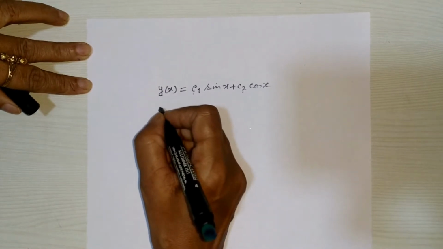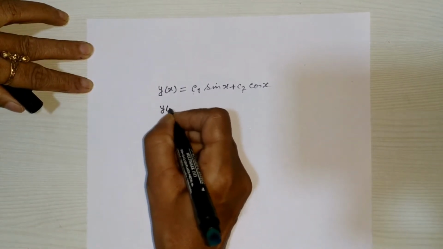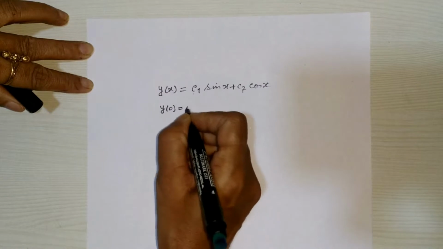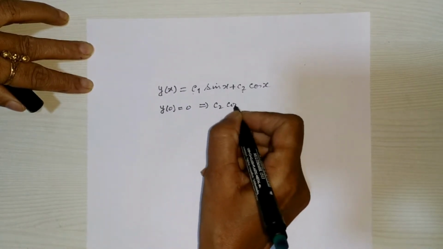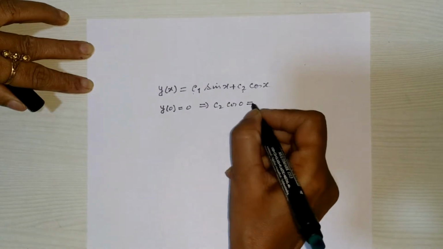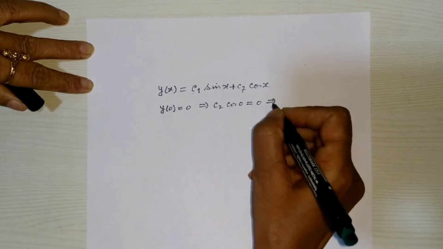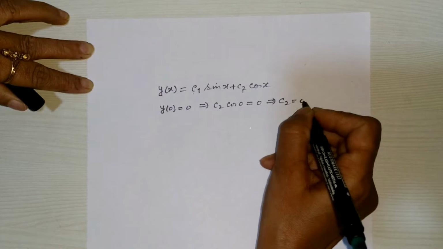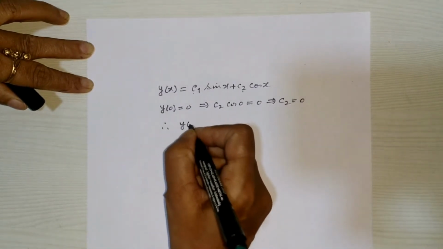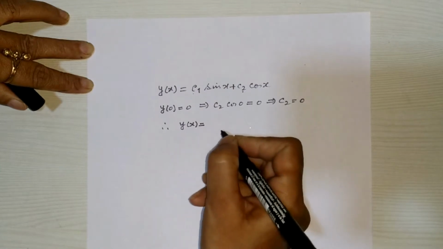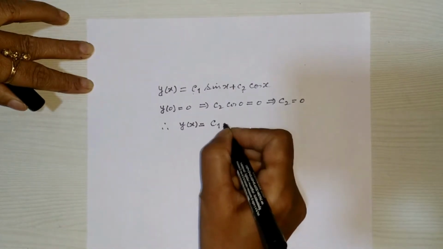Now the first boundary condition, y(0) is equal to 0, implies c2 cos 0 is 0. This implies c2 is equal to 0. Therefore, the solution can be given as y(x) is equal to c1 sin x.